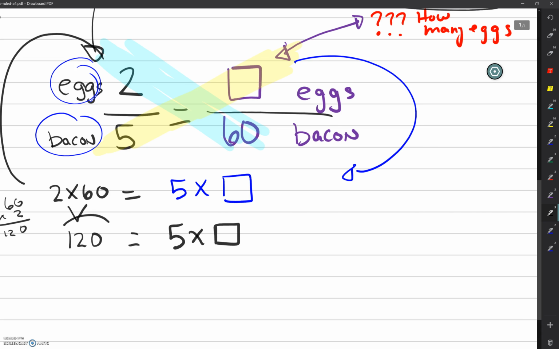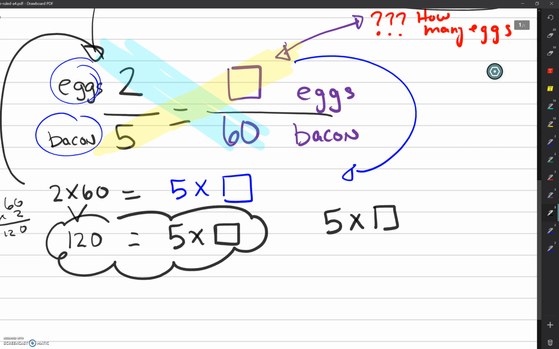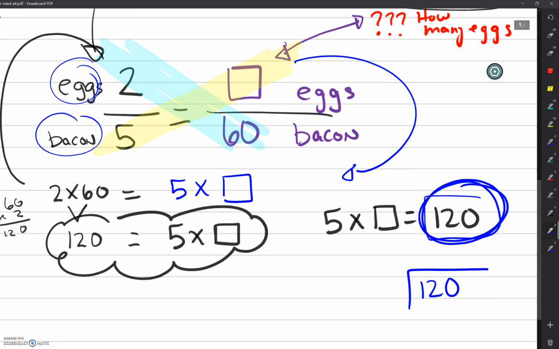Now, we're not normally used to seeing our multiplication problems this way. We usually see it like this: 5 times a box is equal to 120. What this means is we take this number here and divide it by this number, and the answer will be this box.